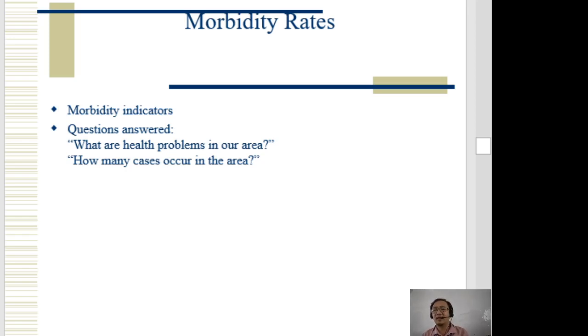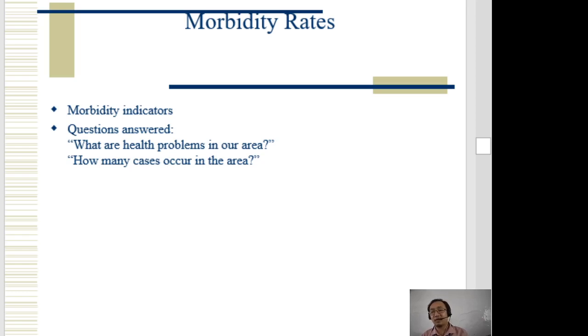So, morbidity indicators. Usually you're going to ask, what are the health problems in our area? What diseases are common in our area? How many cases do we have for a certain disease in this community?